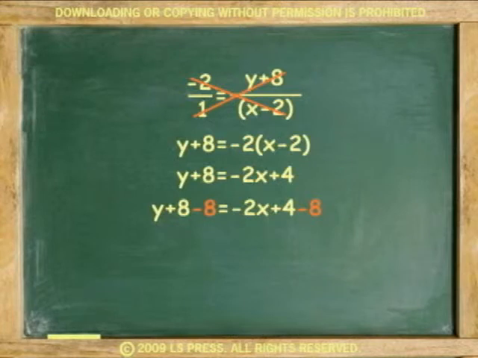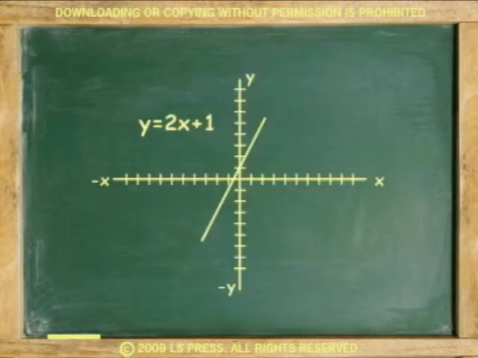Subtracting 8 from both sides to leave y on the left by itself, y plus 8 minus 8 equals -2x plus 4 minus 8. Y equals -2x minus 4, where the slope m is -2 and the y-intercept is -4.